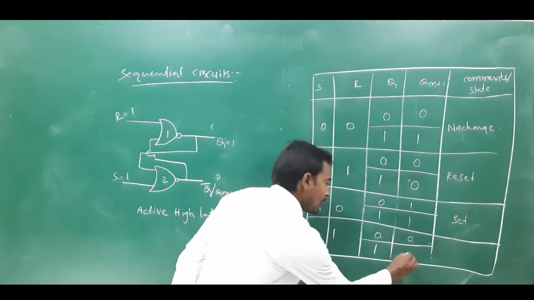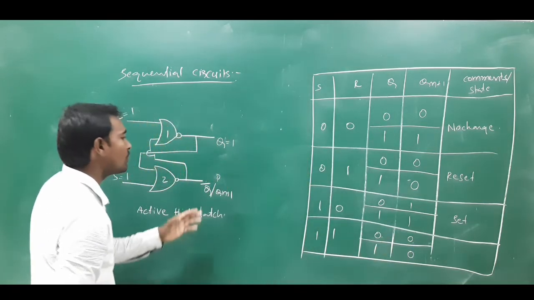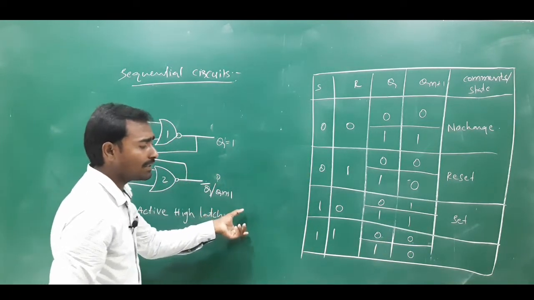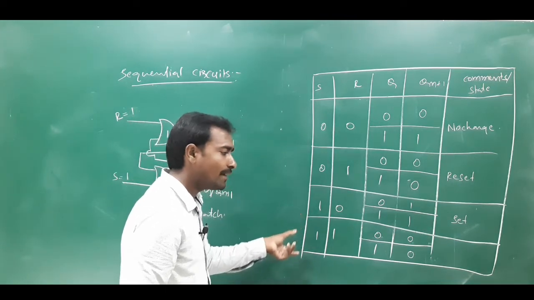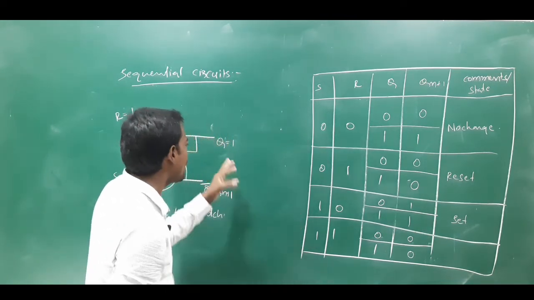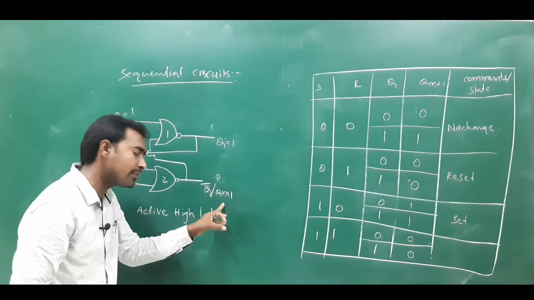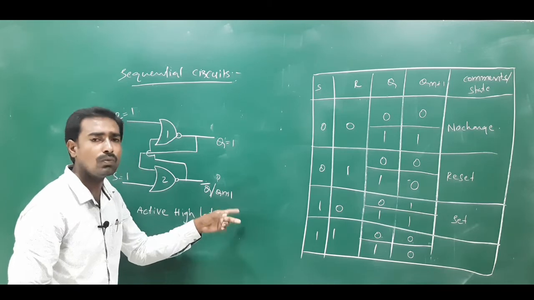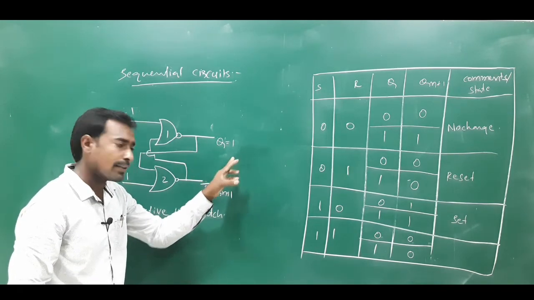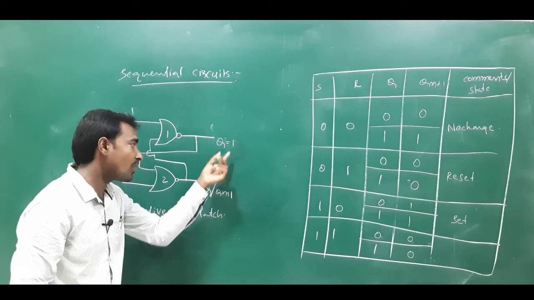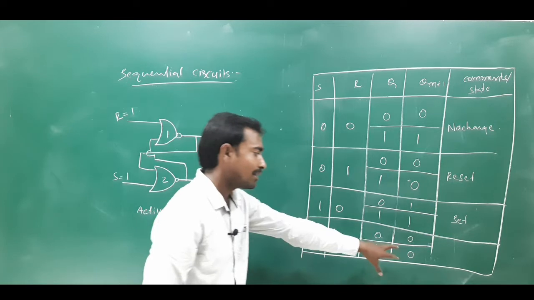So here we are getting the output always 0, and this state will be treated as an indeterminate or invalid state. For example, when we take Q equal to 0, we have to get Qn plus 1 equal to 1, and if Q is equal to 1, then Qn plus 1, that means 1 plus 1, should be 0, but we cannot get that output here.